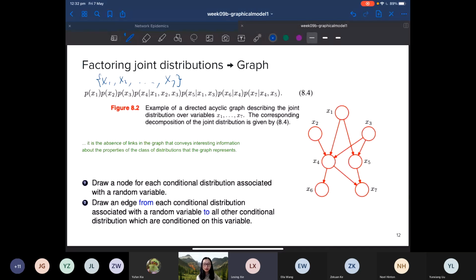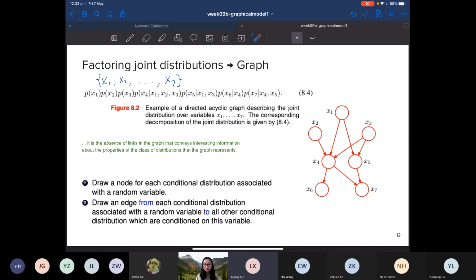One thing to note is that this factorization is quite hard to work through for us mere mortals, because it's a very long expression, and my working memory is limited. I can't possibly remember all of this. And yes, it encodes dependency relations, but it's not so intuitive.